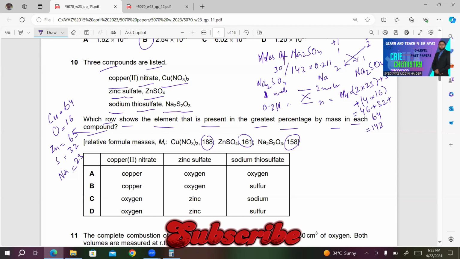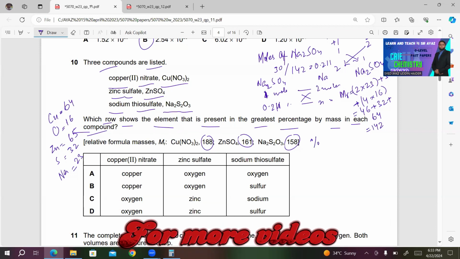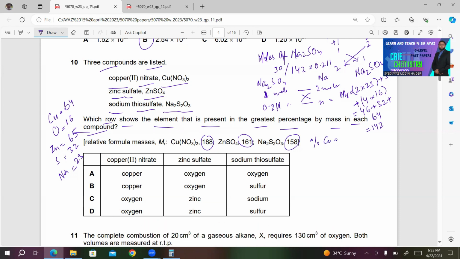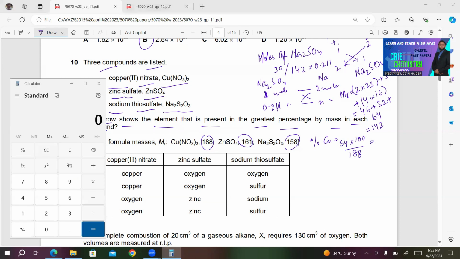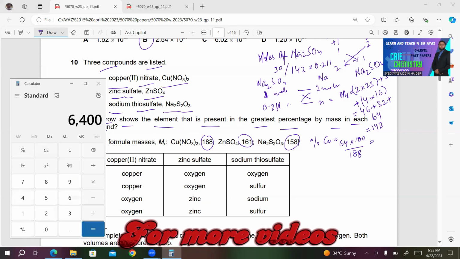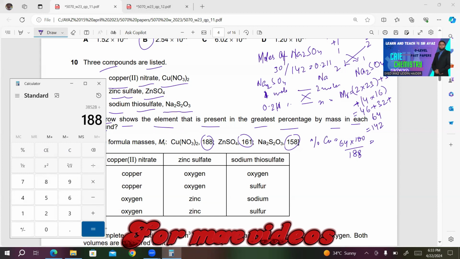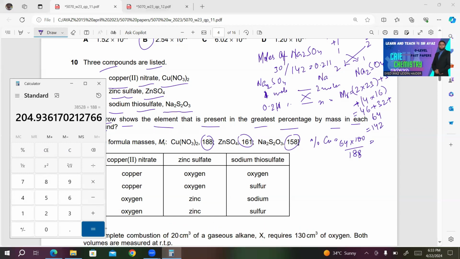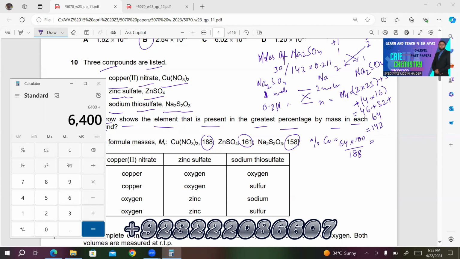Let's work out for copper(II) nitrate first. We have one atom of copper. So 64 multiplied by 100 divided by 188 gives 34.04.